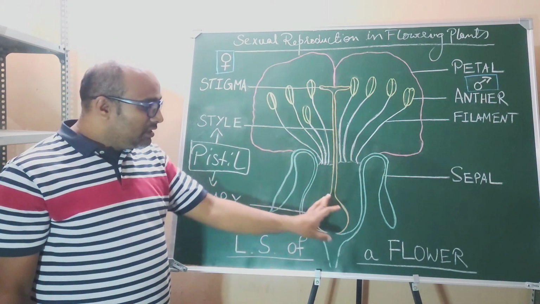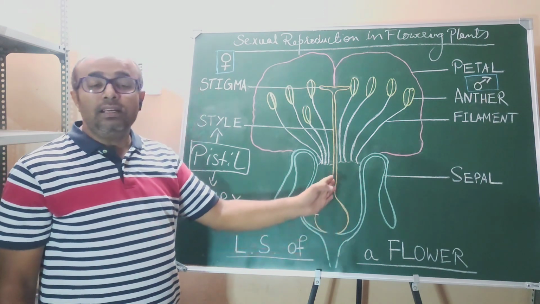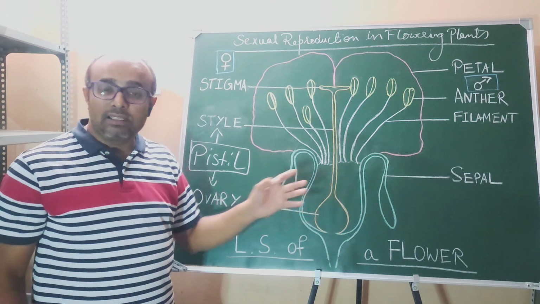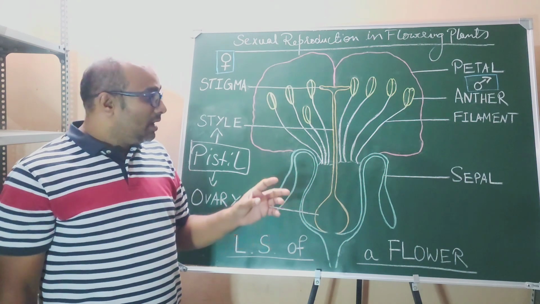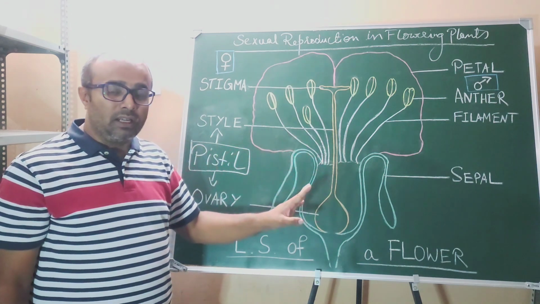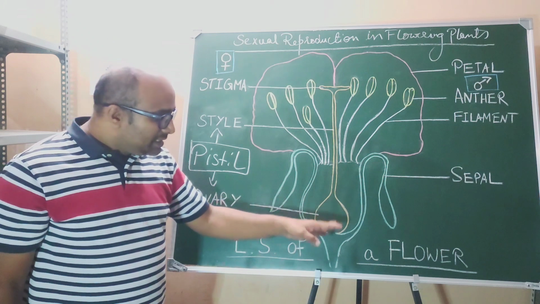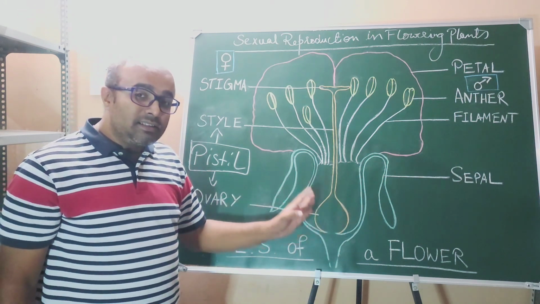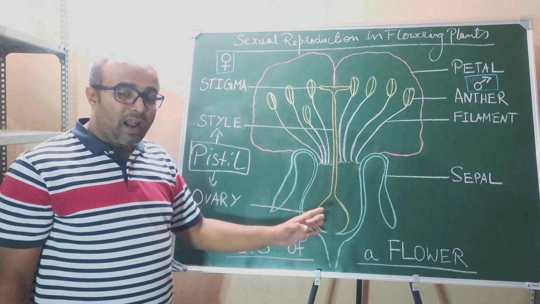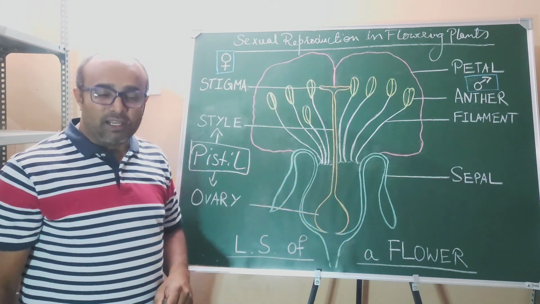Now, in the ovary we find the ovule, and the ovule guides the pollen tube inside it so that the gametes which are present, there will be two gametes, I'll tell you about it in a moment when I talk to you about the stamen. These gametes are guided inside this ovule, and the fertilization takes place.